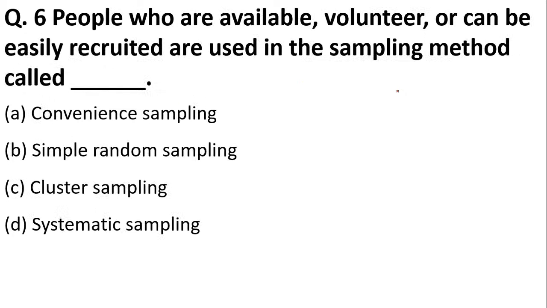People who are available, volunteer, or can be easily recruited are used in the sampling method called convenience sampling, simple random sampling, cluster sampling, or systematic sampling. People who are available for the researcher.